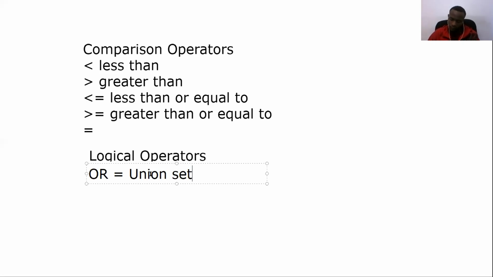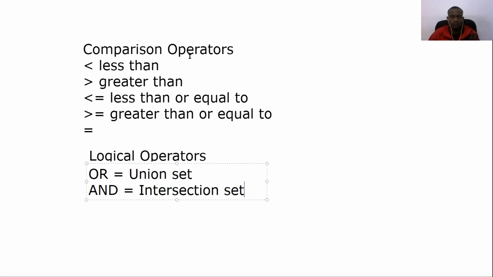It means if any of the conditions is met, then that's going to be true. The AND operator is like the intersection set. Both sides of the AND operator should be true for it to be true.